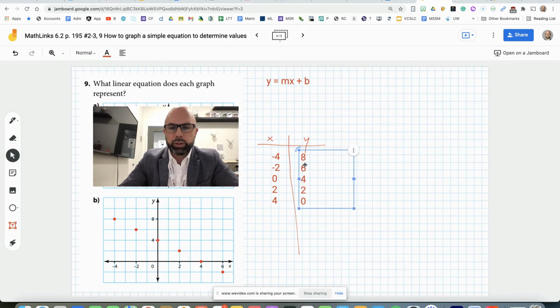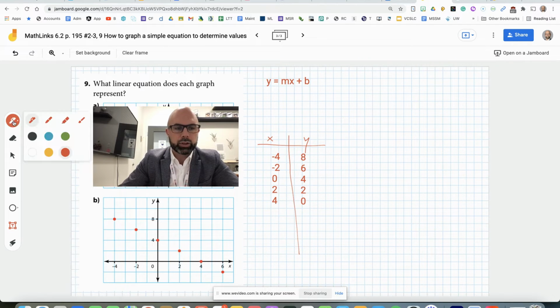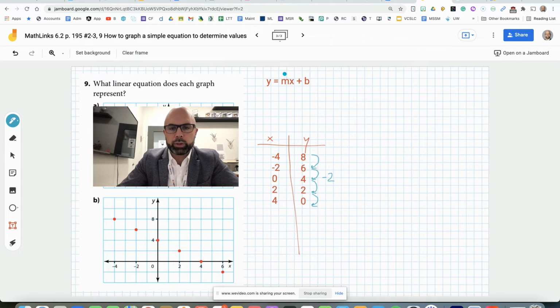Now, what we've been doing previously is really just focusing on the y side. What is the difference between these y values in each case? Well, we can see they are going down by 2. So it's -2 over here. And up to this point, we've been able to just insert -2 into this position.